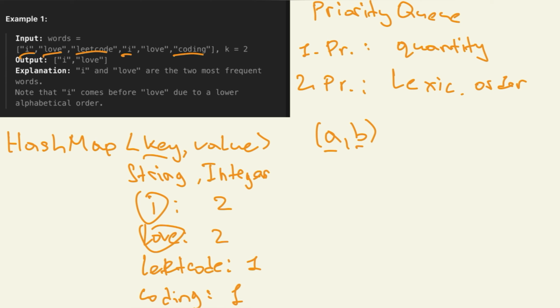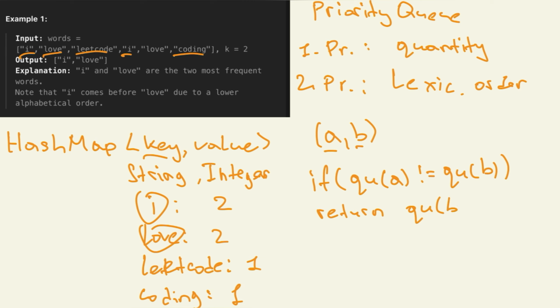So first of all, we need to check their quantity. If the quantity of A is not equal to quantity of B, then we need to return quantity B minus quantity A. It means it will work like max heap.